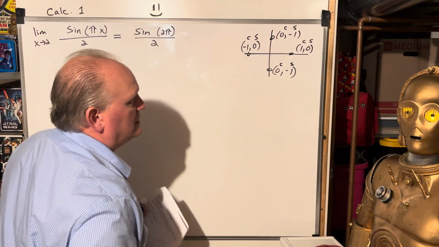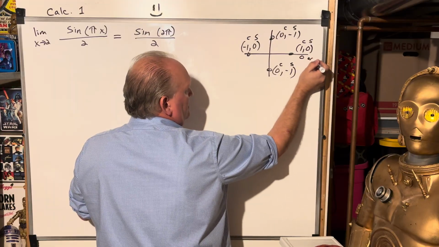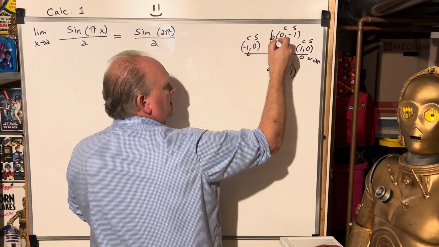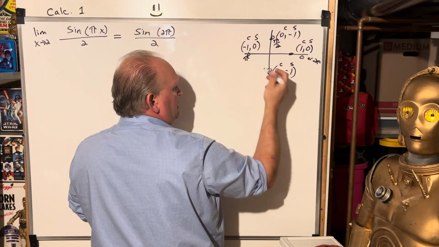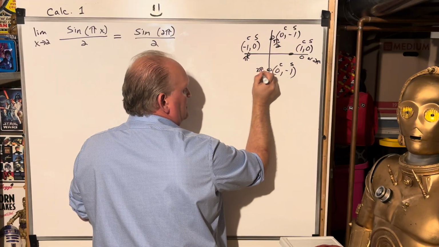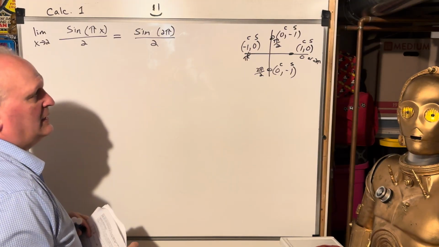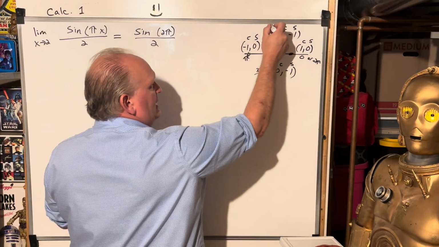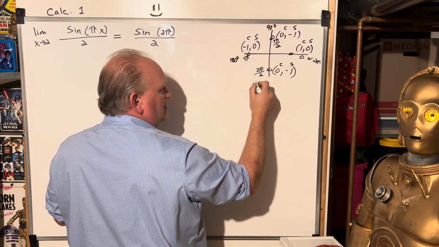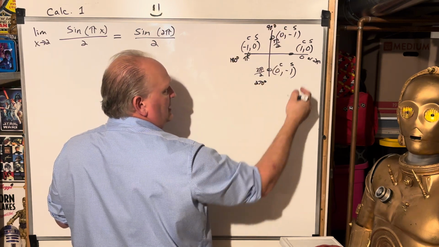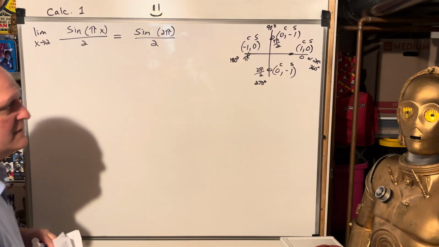And so this is 0 or 2 pi. And then this would be pi over 2, and this would be pi, and this would be 3 pi over 2. Right? And if we had degrees on there, that's 90 degrees, that's 180 degrees, that's 270 degrees, and that's 360 degrees, if we were worried about degrees.